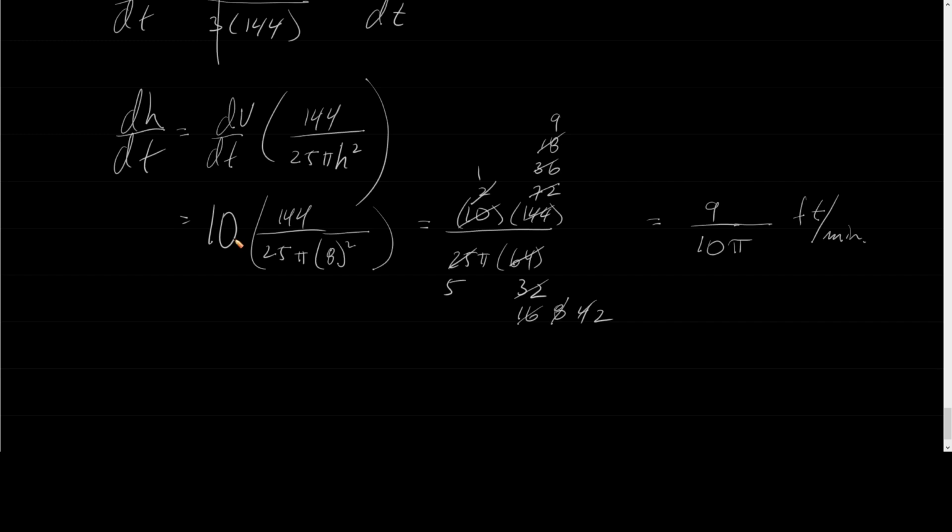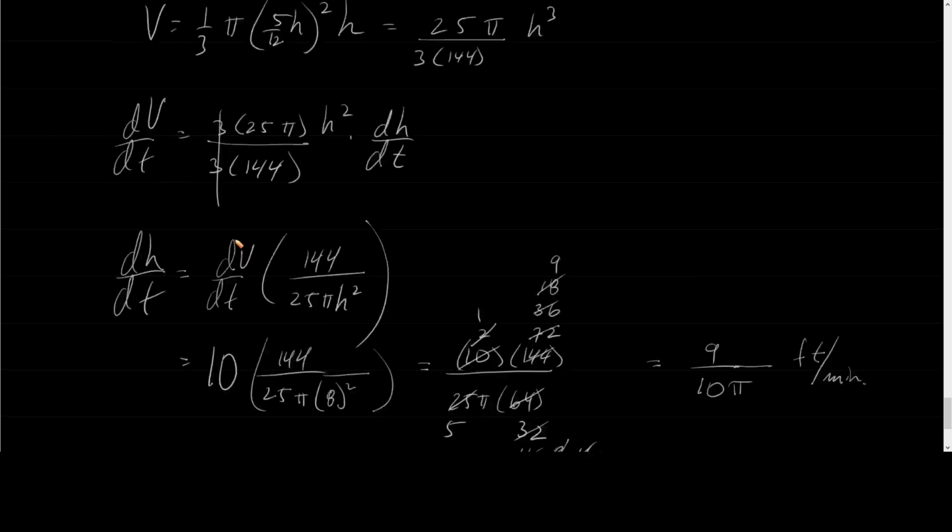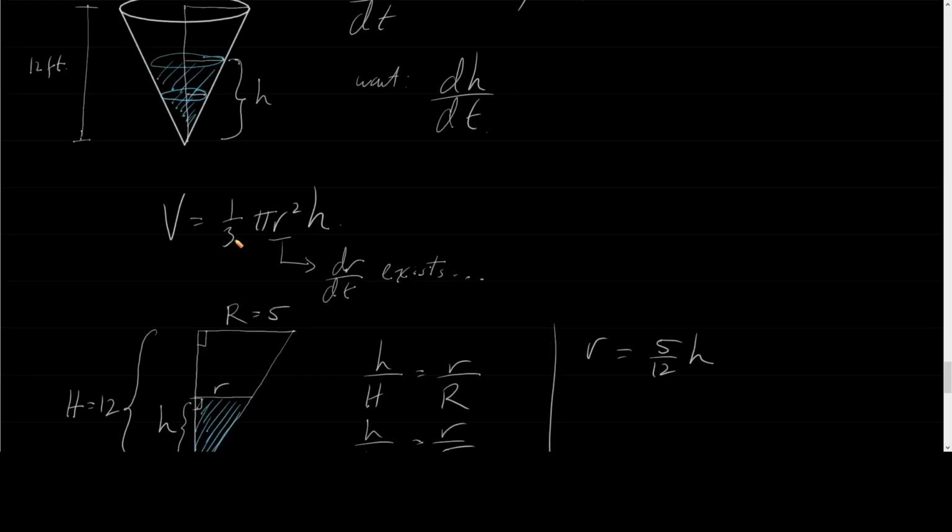Then once you have that formula, you have to take the derivative with respect to time. And you have to be careful that you actually have all the things that you're going to need, because like in this example, I needed to make sure to change the variable r into something else because we did not have how fast that radius was changing. If I had kept that r there, we would have needed to figure out that dr/dt, and since we didn't have that, we didn't want to do that.